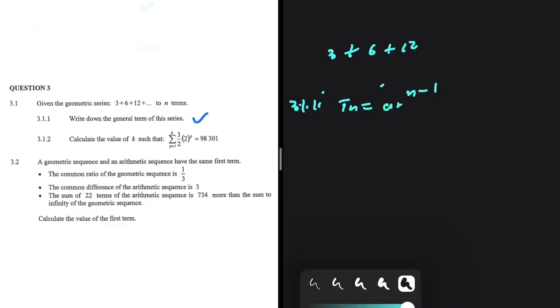Let's see if we can write down the general term of this series. So we have 3 plus 6 plus 12, our geometric series. The general term of a geometric series is given by Tn is equals to ar to the power n minus 1. A is the first term. The first term in our case is 3. R is T2 divided by T1 or T3 divided by T2.